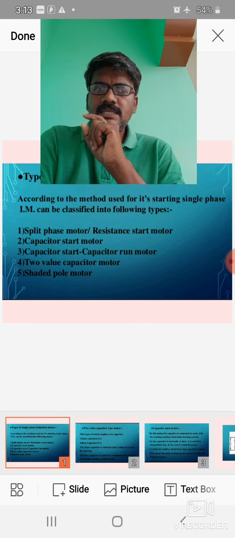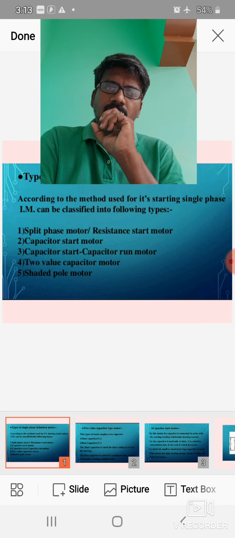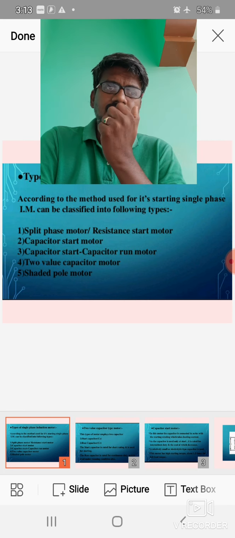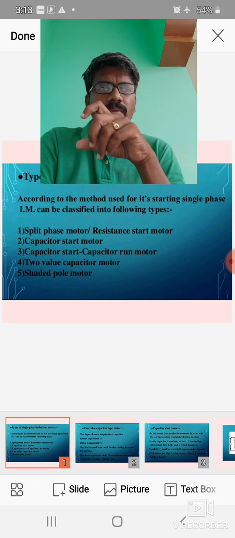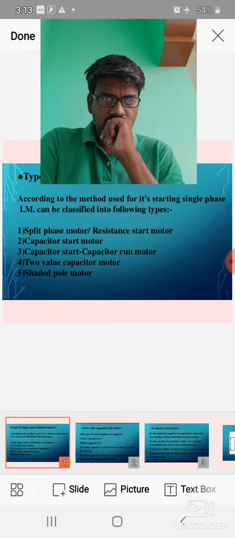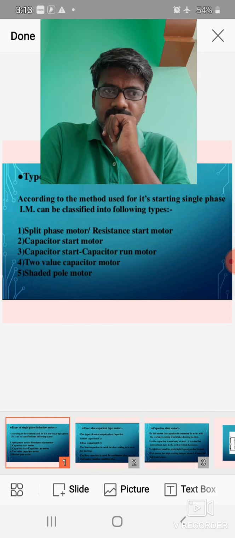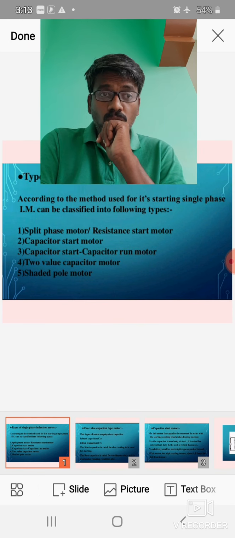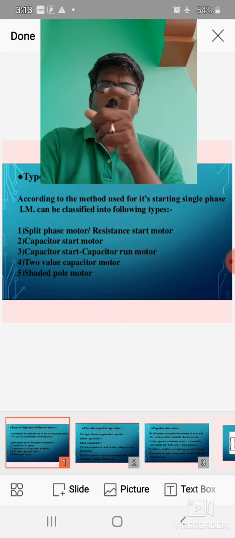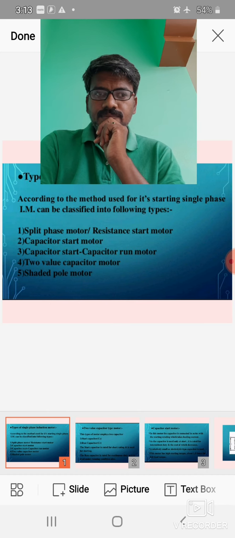Why? Because under running condition the capacitor is disconnected, so the motor rotates with only the main winding. Because of high reactance and high inductance, we get a poor power factor and poor efficiency.